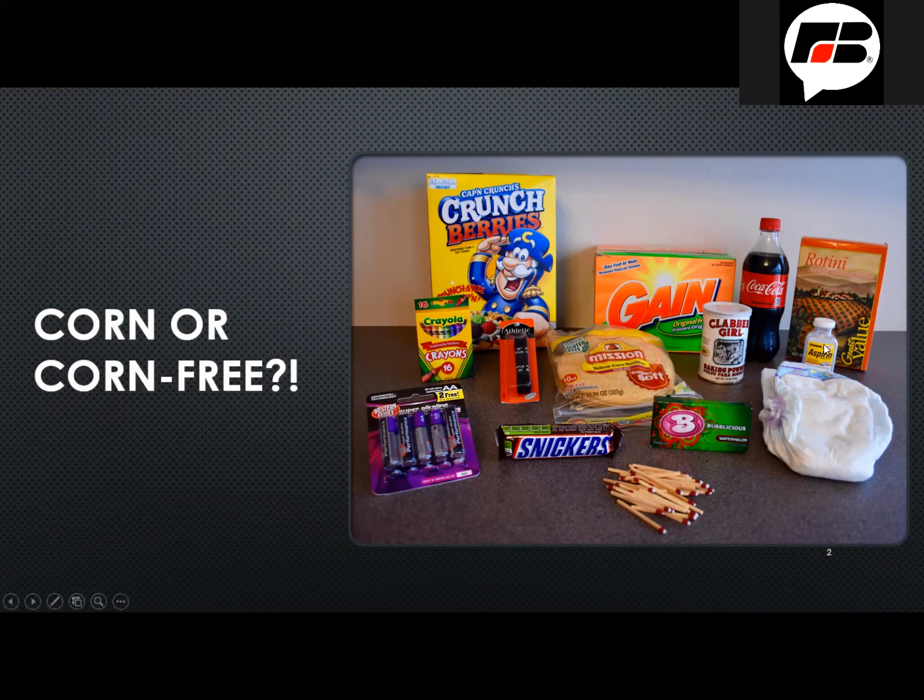So we have aspirin, baking soda, bubble gum, diapers, matches, Snickers, corn tortillas, shoelaces, crayons, batteries, crunch berries, laundry soap, Coca-Cola, and pasta. Of these products, which products contain corn?